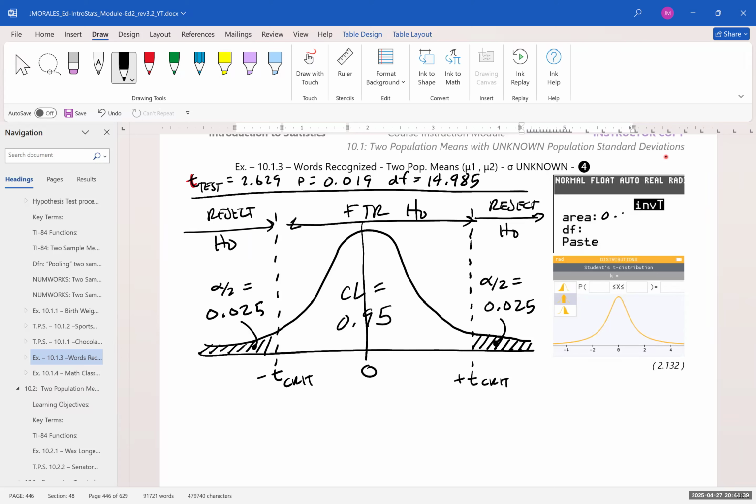Okay, so we have an area of 0.025, 14.985 degrees of freedom. And I put 0.95, and I get a positive and negative T critical value of 2.132.